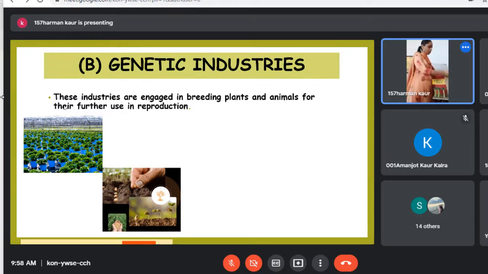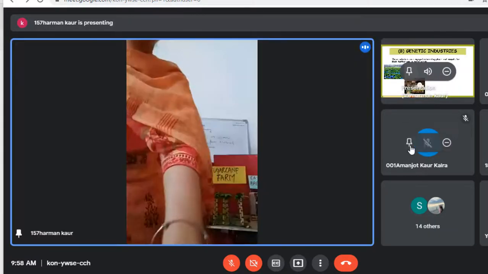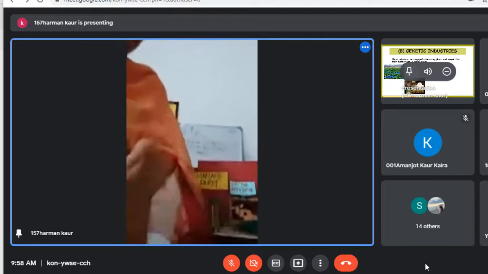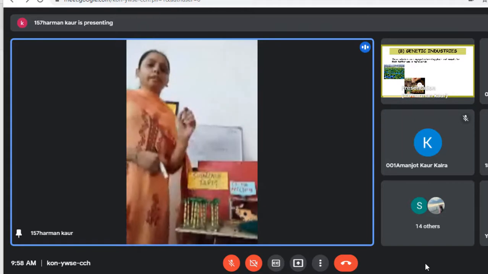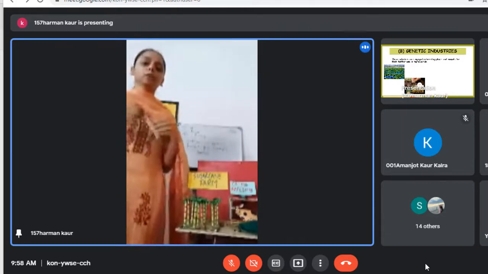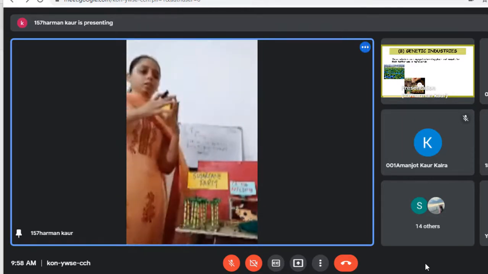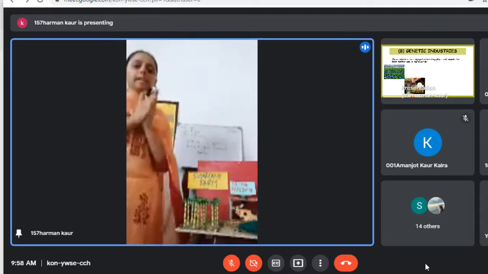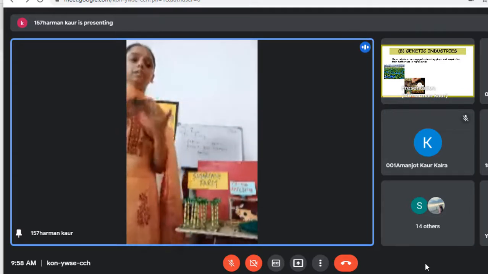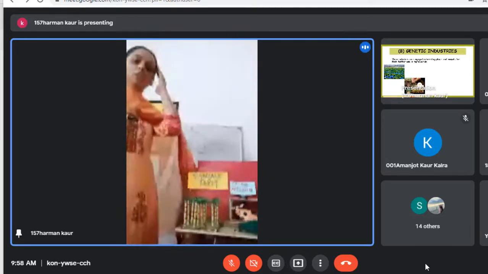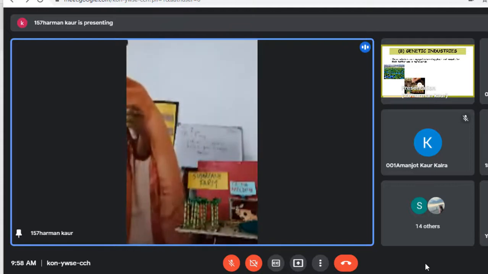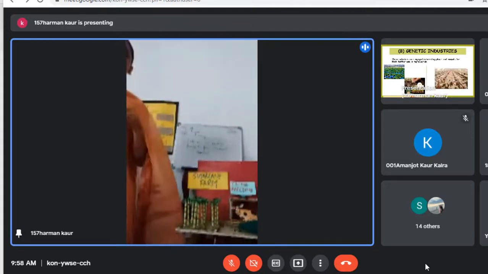So now look at the model. As you can see in this model, cattle breeding is also an example of genetic industries, because genetic means reproduction, giving birth to new animals and new babies with the help of reproduction. So cattle breeding is that example, and the next example is poultry farms.